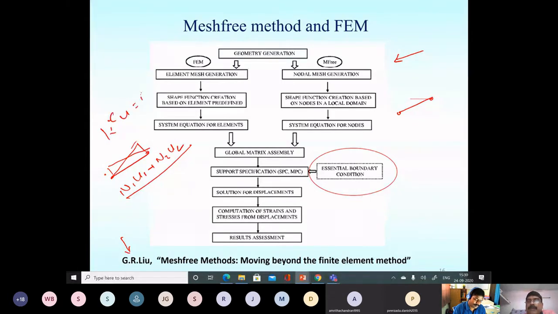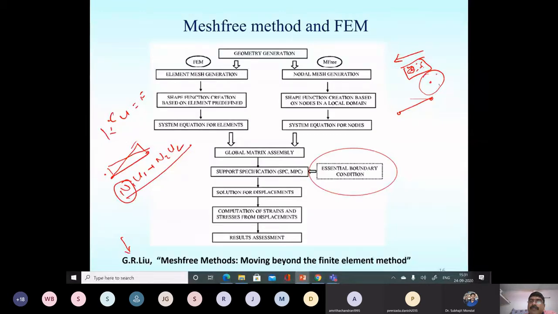Whereas in Meshfree you have only nodes, and you don't have an explicit expression for the shape function. It is evaluated when and where it is required. Suppose I want the shape function at a point, say an integration point, I will evaluate the shape function at that particular point. So you don't have explicit shape functions associated with these nodes. Instead, each node has a domain of influence.